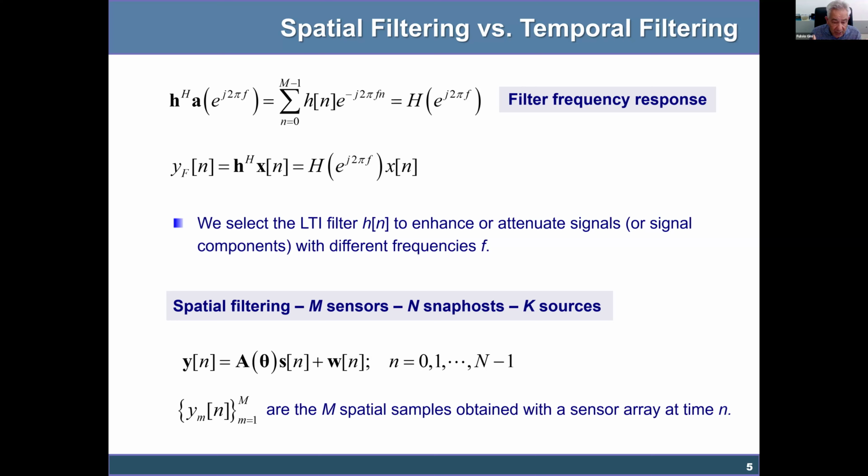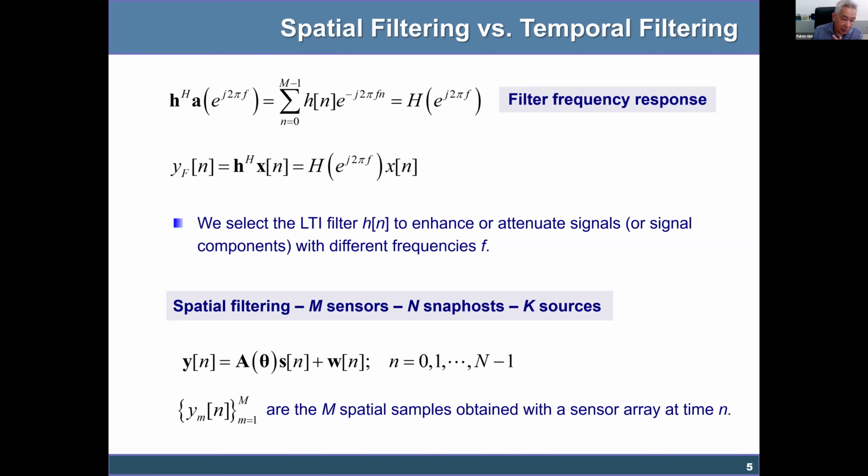And we try to attenuate as much as possible the noise. And in particular, by using a linear time invariant filter, we can eliminate the noise in the frequency outside the bandwidth of the signal. These are basic concepts that you should have learned from a signals and systems course, okay?